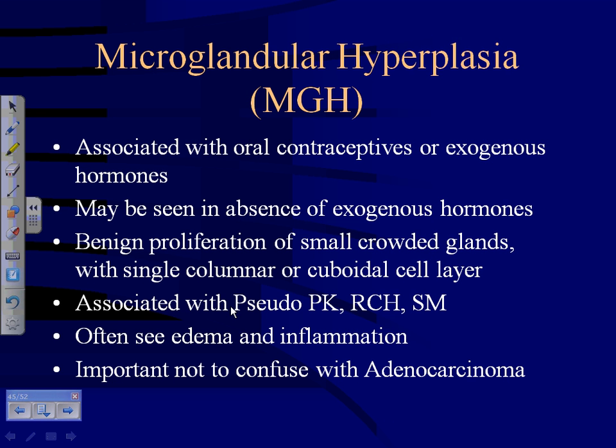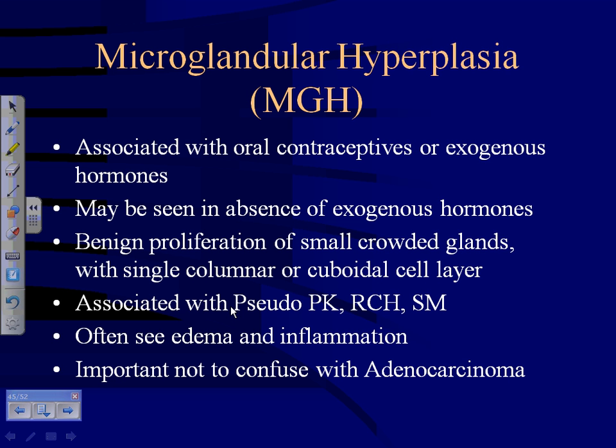All right. Microglandular hyperplasia, we're getting down to the last couple of things here. Microglandular hyperplasia is basically what its name says: you get tiny endocervical glands proliferating either near the surface or in the deeper cervical stroma. And these tiny glands are lined by normal, benign endocervical epithelium.